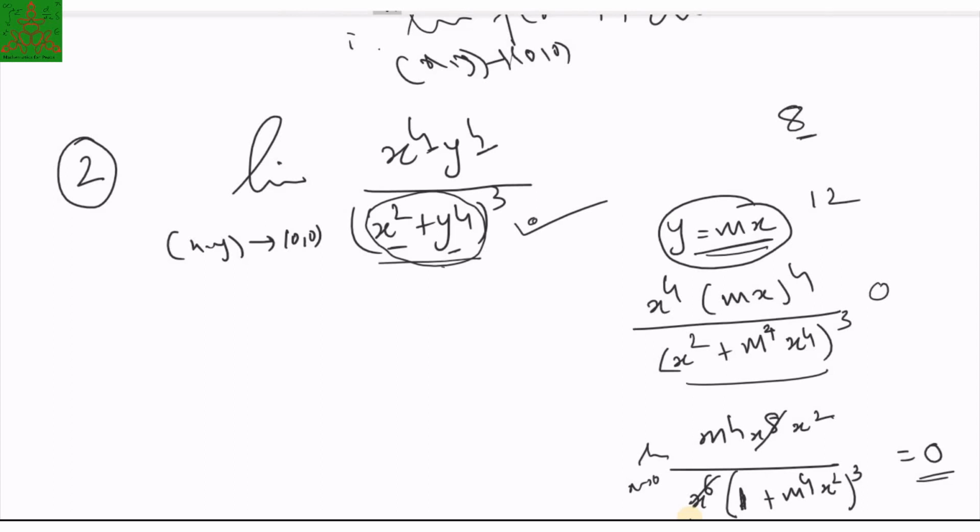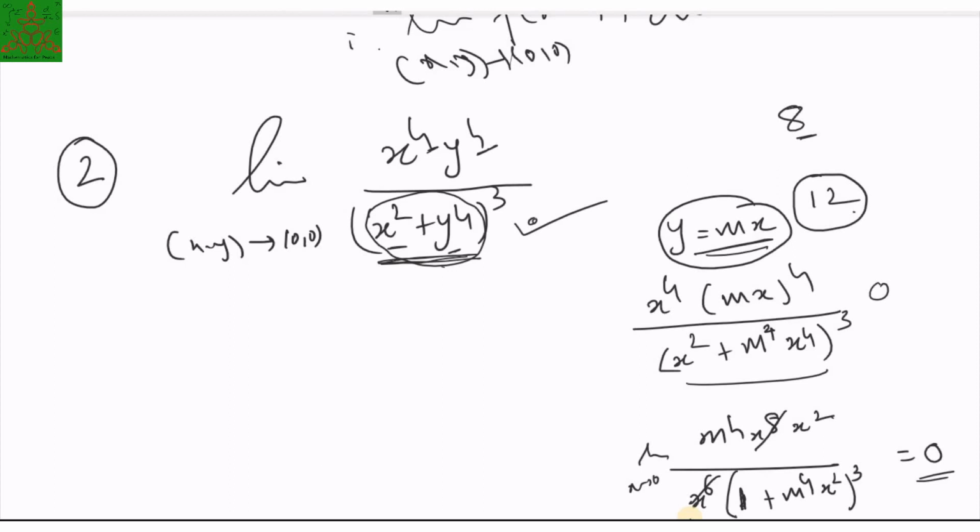So with that, what we can do is, in the denominator, if I common out some quantity so that it turns out to be x power 12 or y power 12, I need to set up in a manner that something common is x power 12 or y power 12.